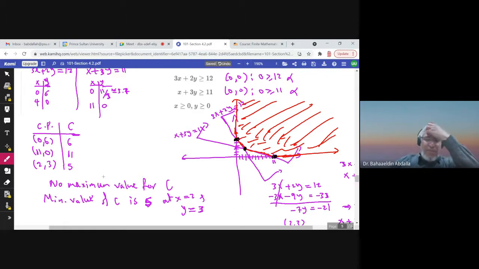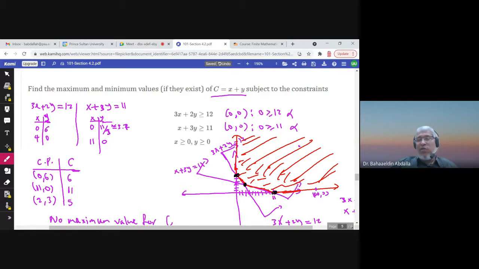Why is there no maximum? Because, for example, take (20, 20), which is a point on the feasible region, and 20 plus 20 will give you 40. So C can go to infinity, okay?